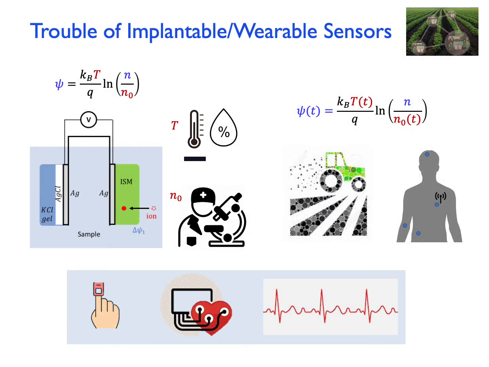For a sensor in the lab, it is possible to control the temperature and the reference condition so that by measuring the potential psi of the sensor, one can determine the analyte concentration N. In the wild, temperature and the reference conditions are unknown. So the question is, how do you get a reliable signal from this unreliable measurement?